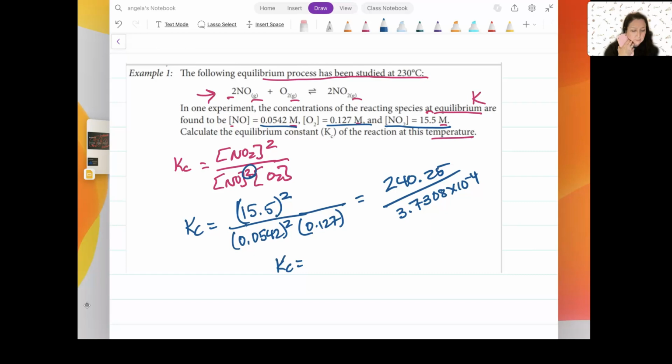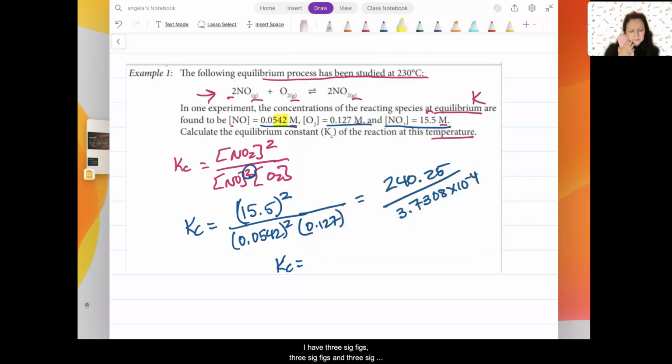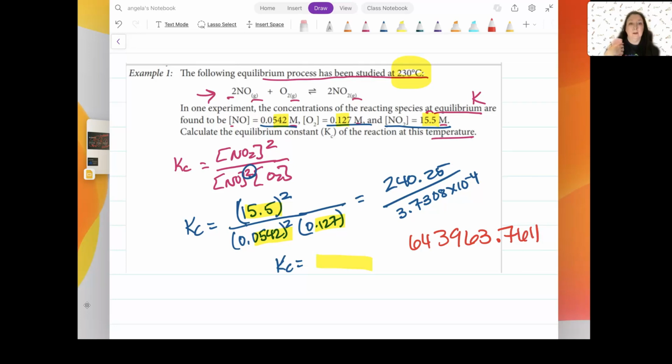I have 3 sig figs, 3 sig figs, and 3 sig figs in my concentrations, which I'm using to plug in here. The exponents are not part of what I'm calculating, so they don't count. I'm calculating with 3, 3, 3, so my answer shall have 3. My calculator says 643,963.7611. So I need 3: 1, 2, 3.